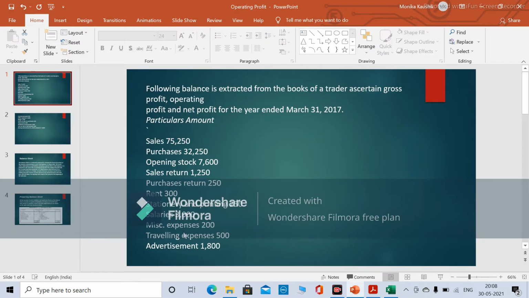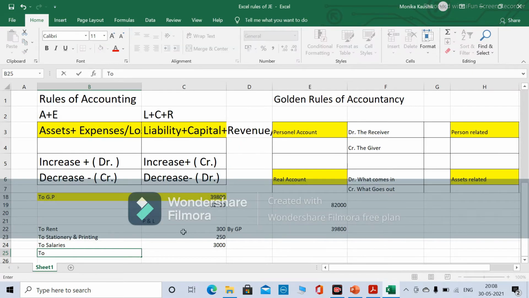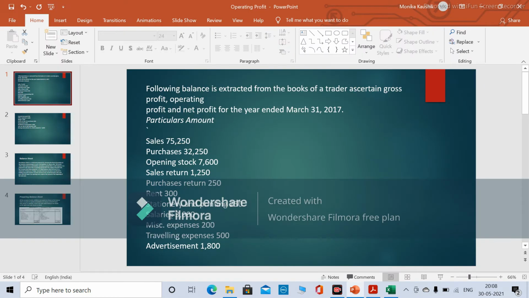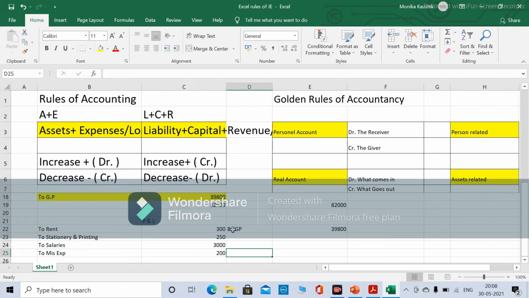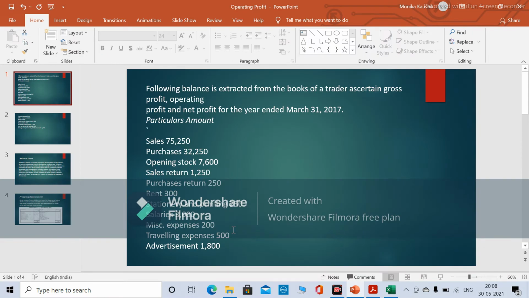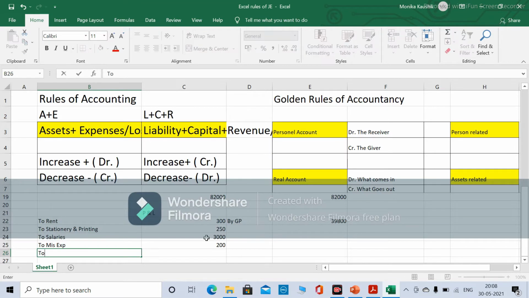Now miscellaneous expenses, indirect expenses, 200 rupees. We are finding out the operating profit, in which we will not consider the non-operating expenses, which are of non-recurring nature. So these are the operating expenses which as of now I have taken.